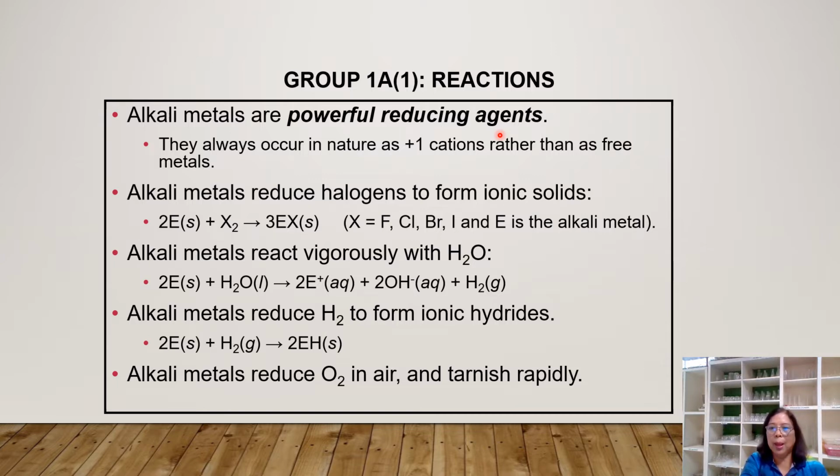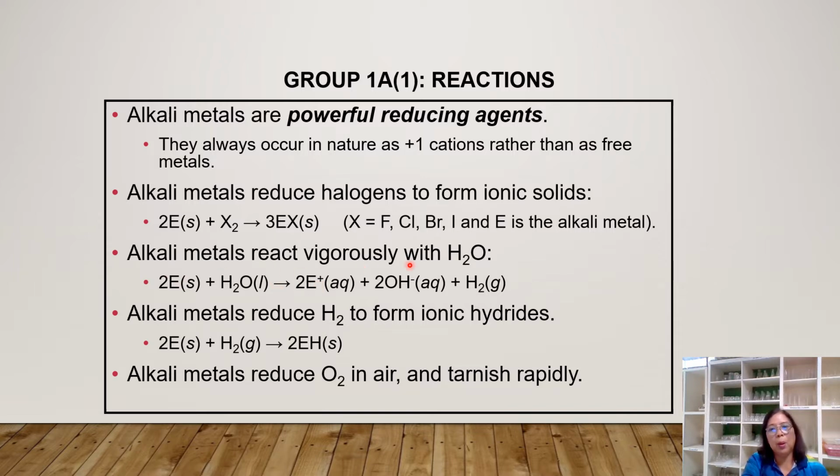They're easy to balance because they only contain the plus one cation, so it is easier as compared with plus two or plus three. Alkali metals reduce halogens to form ionic solids as a plus one element.